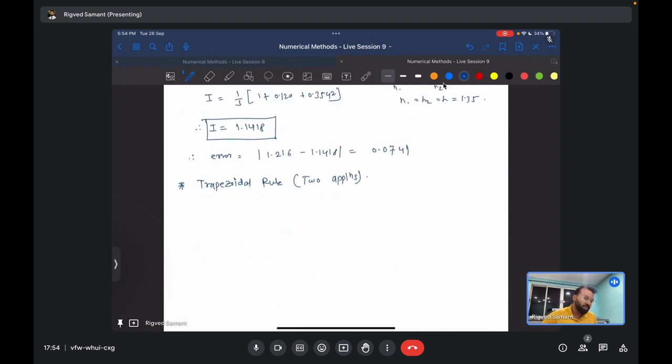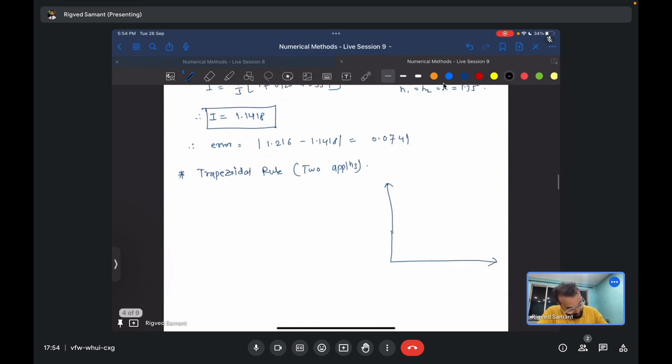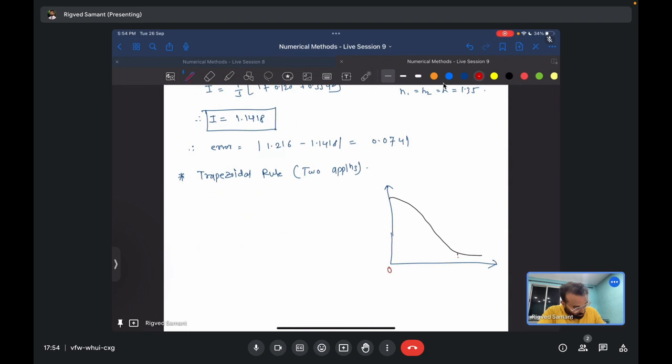Two applications means apply it twice, means you have to use two intervals, because this rule is only applied for a single interval, trapezoidal rule. So if you have a curve like this, and you're going from 0 to 2.7, here comes the 1.35, the midpoint.